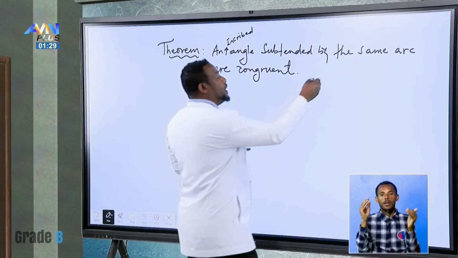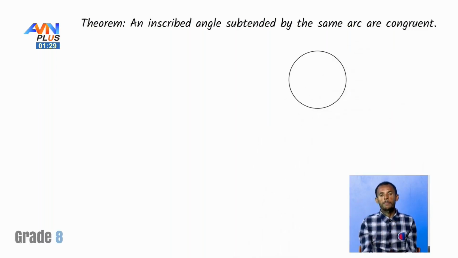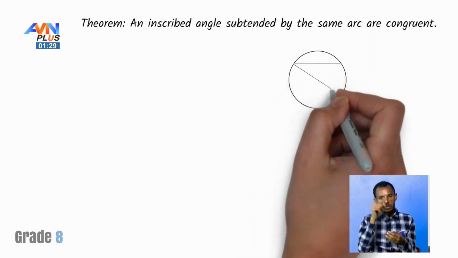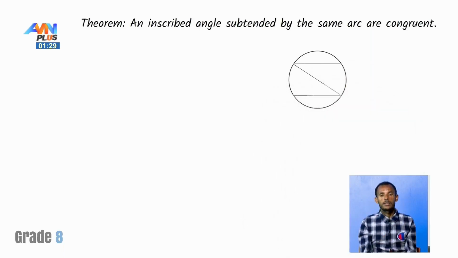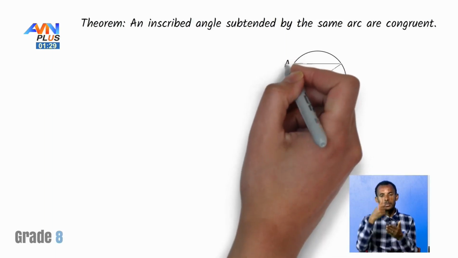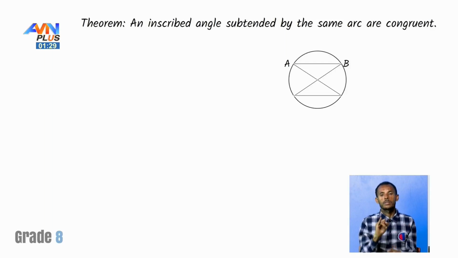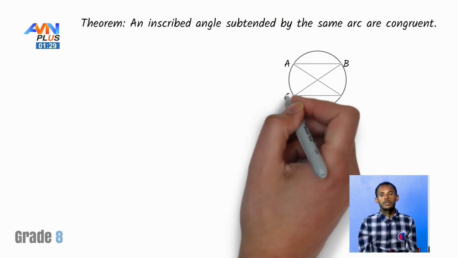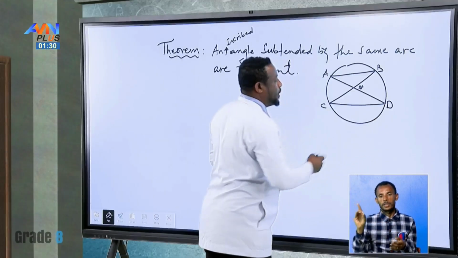So geometrically, it looks like this. If we have a circle, suppose there are two inscribed angles, okay? Say this is A, B, and say this is C, D, okay?